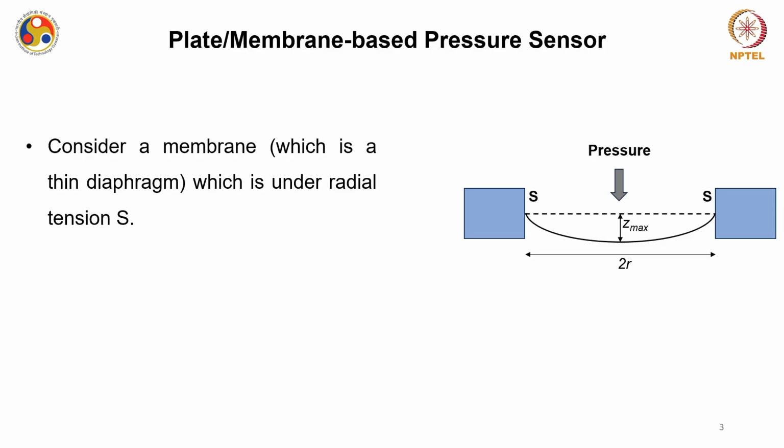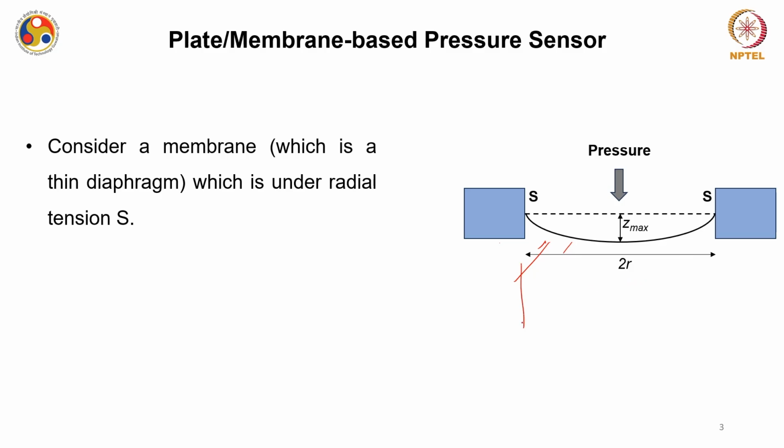So let us consider a membrane, which is basically a thin diaphragm, and this membrane is under a radial tension S. Consider this plate which is hinged between two blocks, and there is a tension S in this membrane, and the radius of this membrane is r.